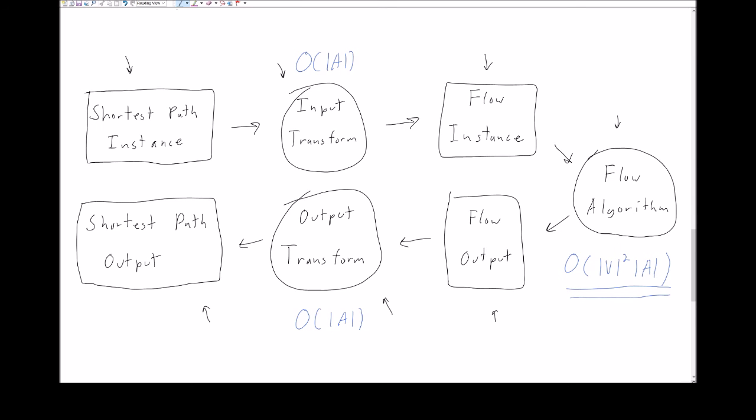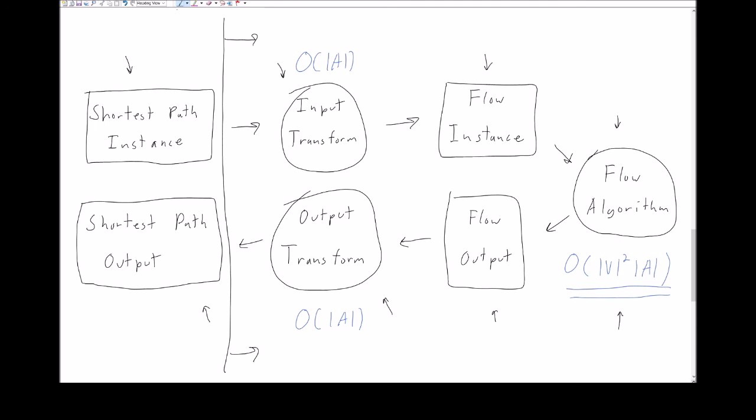Going through this flowchart, we see that, in effect, we've identified an algorithm that can solve the shortest path problem, everything on this side of the flowchart. In this way, this is a reduction. Also, what's interesting about this reduction is that this entire algorithm runs in polynomial time. The flow algorithm itself runs in order the number of nodes squared times the number of arcs.